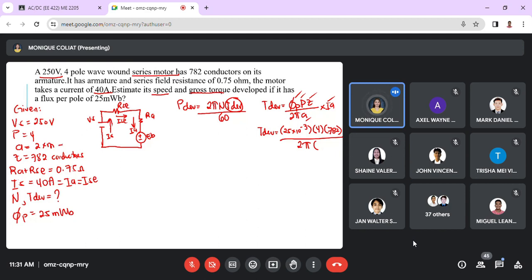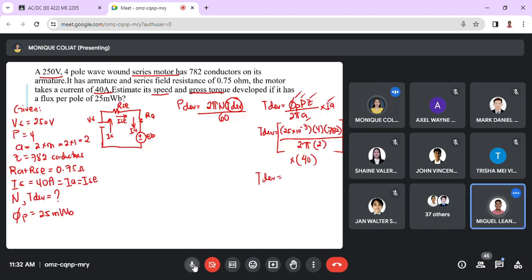So, this is 2 times 1 or 2. Then, ang kabuuan ito, i-multiply natin kay IA. Ano IA natin? 40. So, ano TDEV? 8.9183 Newton-meter. So, this is your gross torque developed.